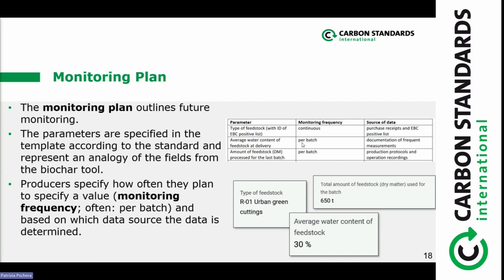Often the adequate solution would be per batch, as our system is designed on batches, and specify on which data source this data is determined, and in the best case, in which time resolution you have these data points as a backup or as the data source that you can then present to Cerescert whenever they do the audits. So that's how the monitoring plan should be filled out in the PDD.